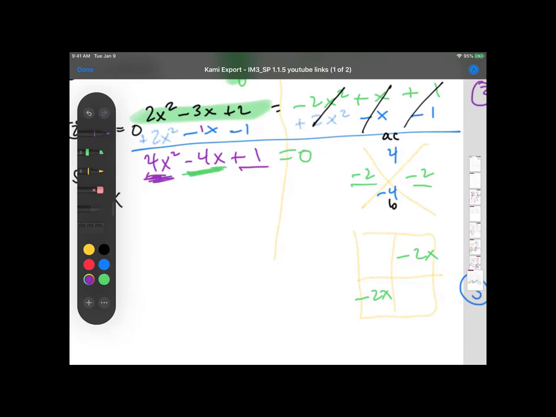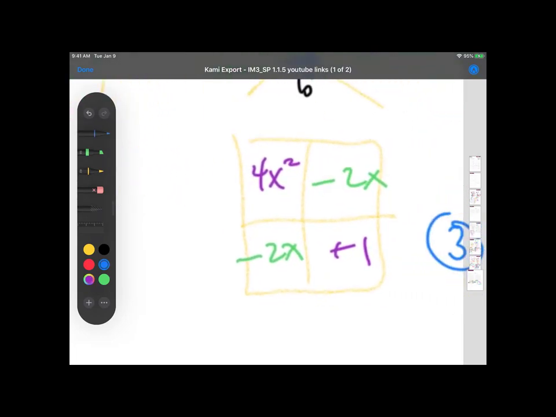Let's go ahead and write that. 4x squared, the a part always goes in the top left and bottom right. Alright, let's go ahead and factor this. We're going to have a 2x and a 2x. I believe this one's going to be a minus 1 and minus 1.